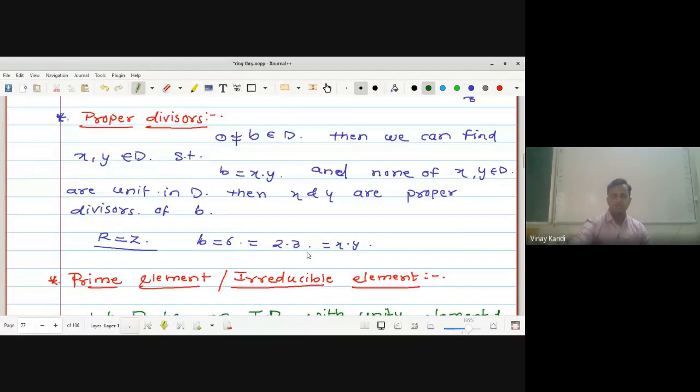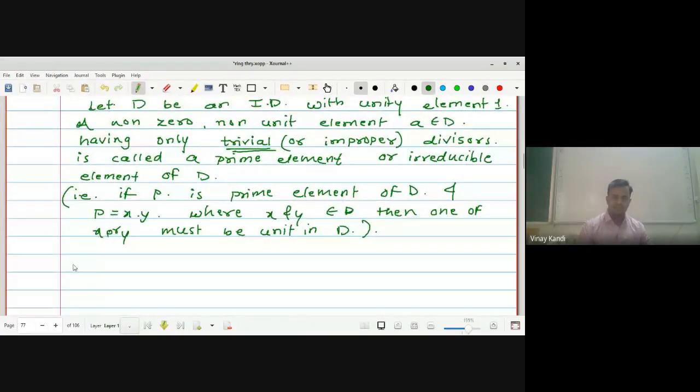For example, again, if D is equal to Z, what is the prime element of Z? Take any prime number, P is equal to 5. How can I write it? I can write 5 into 1.